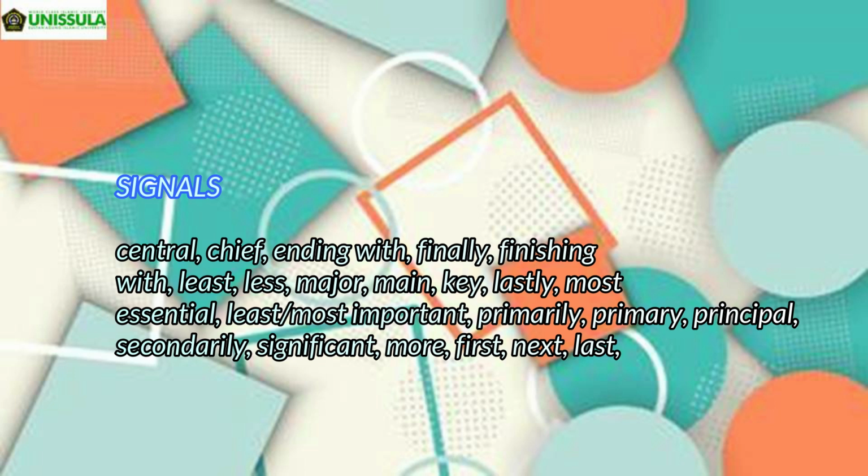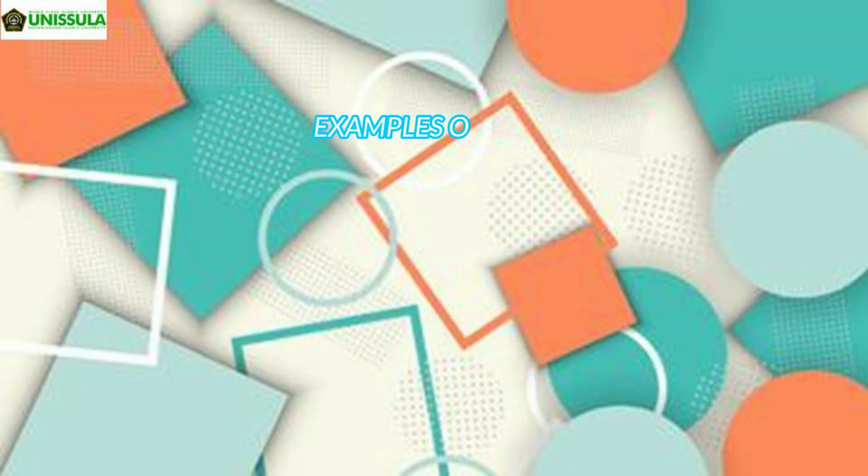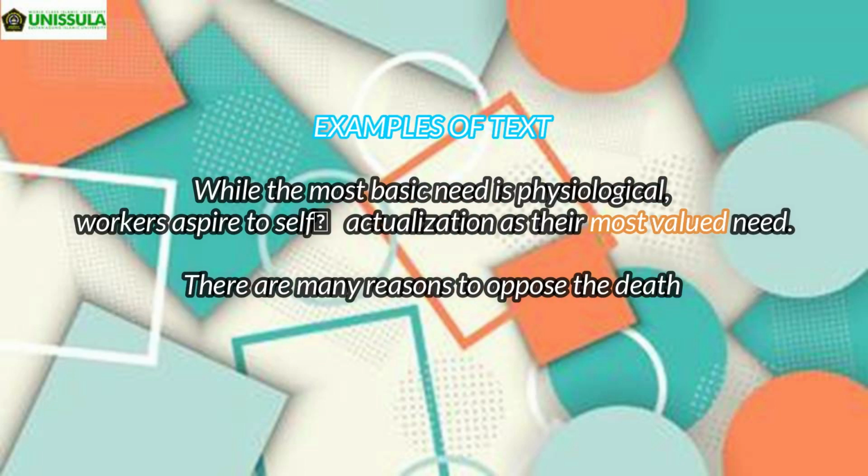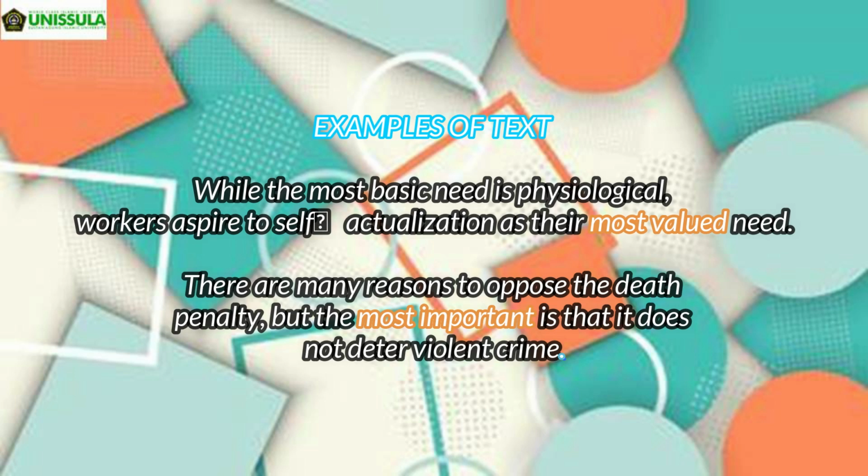These are the signal words that can be used in a paragraph. And then there are two examples of paragraph here. You can take a look. The first signal is most valued, and the second signal is most important.